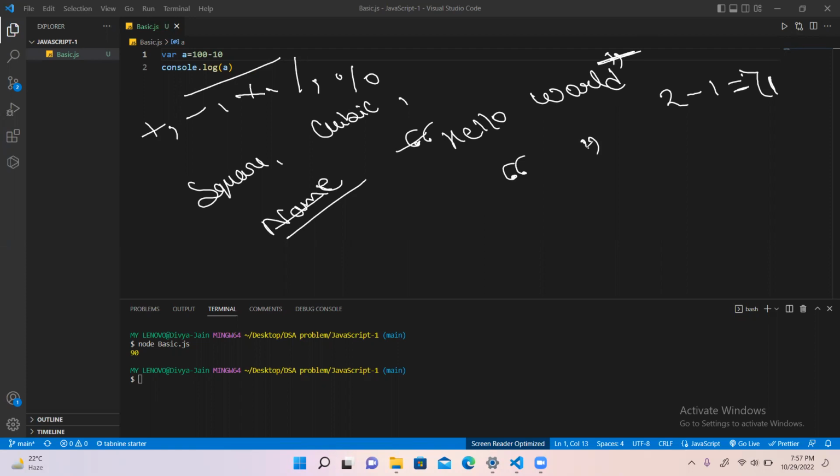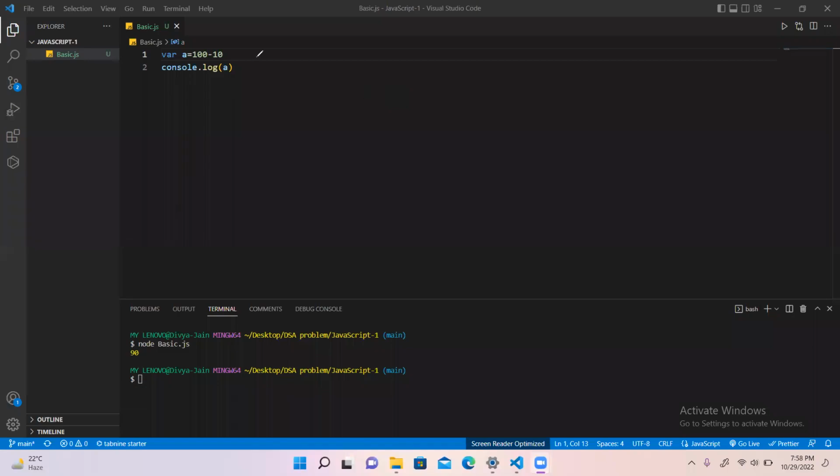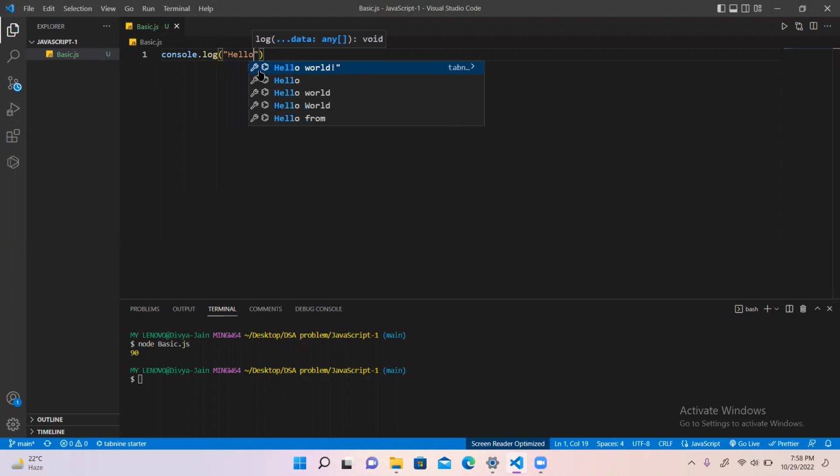Let's take an example of when you don't write the name with quotes. First we write the code with quotes. Console.log hello world. You can write anything inside these inverted commas.